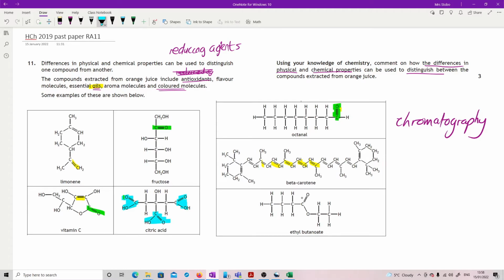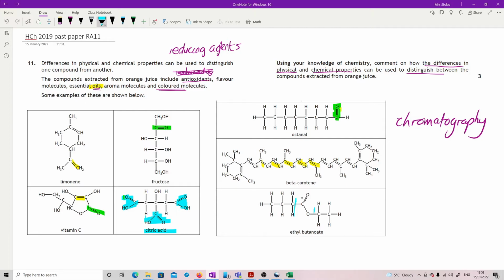Now we've actually got an ester. This is not actually a C=O, just in the carbonyl group on that one. So you could talk about that. The esters we could break using hydrolysis and then testing what we've got from that. You notice this is an acid, so we could test pH.